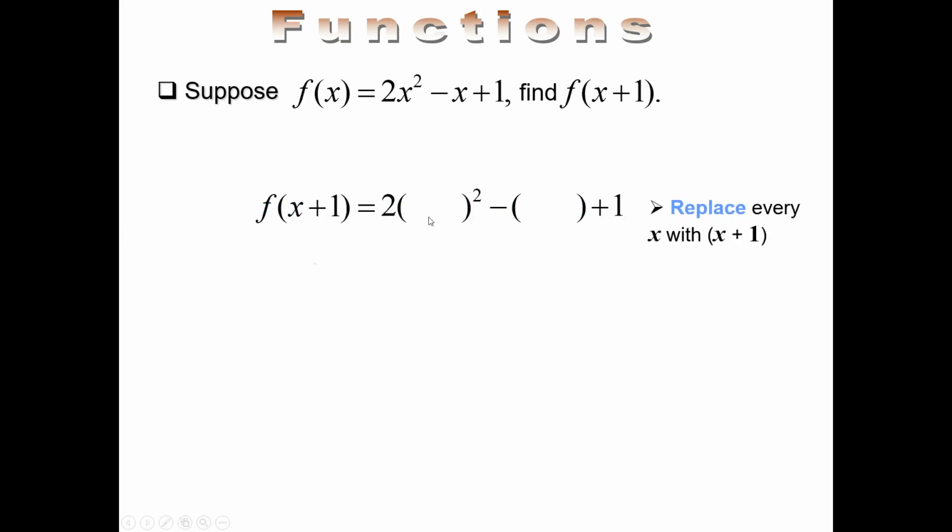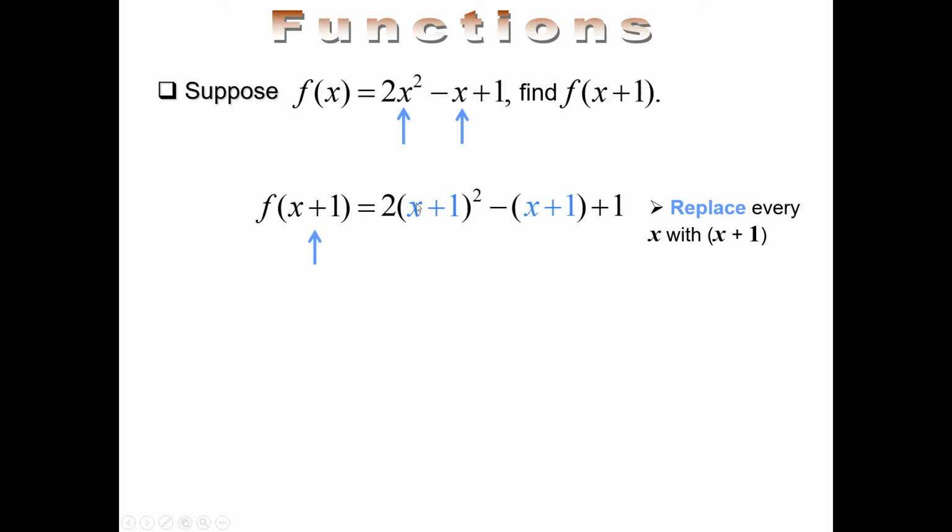Okay, so it was 2x, but now it's 2 times x plus 1 squared. It used to be a minus x, now it's a minus x plus 1. And then the plus 1, there's no x there, so it just stays like that. So now we can simplify this. Okay, we'll distribute the negative, we'll FOIL this out. Hopefully you guys remember the shortcut for squaring a binomial.